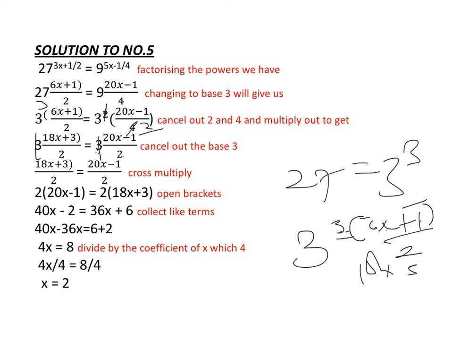Open up the bracket. 2 times 20x, we have 40x. 2 times minus 1, minus 2. So we have 40x minus 2 equal to 36x plus 6. Collecting like terms, we have 40x minus 36x is equal to 2 plus 6. So we have 4x equal to 8. X equal to 8 over 4. So you have your final answer to be x equal to 2.